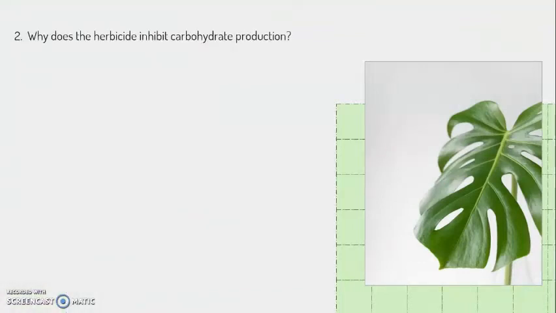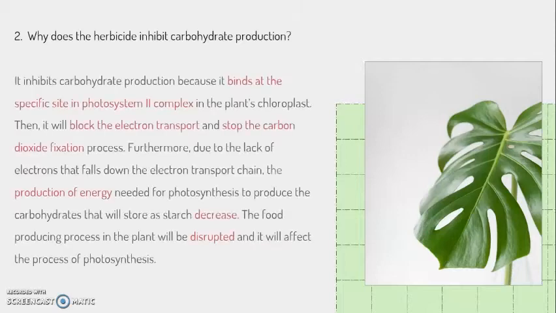Question 2. Why does the herbicide inhibit carbohydrate production? It inhibits carbohydrate production because it binds at the specific site in the photosystem 2 complex in the plant's chloroplast. Then it will block the electron transport, which makes the electrons unable to pass through and stops the carbon dioxide fixation process.